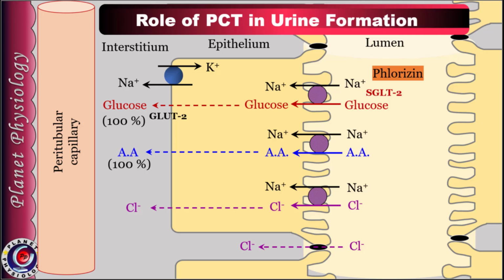Some chloride ions are also reabsorbed with the help of sodium chloride cotransporters into the cell and then via chloride channels in the basolateral surface to the interstitial fluid. About 65% of the chloride ions are reabsorbed by PCT.